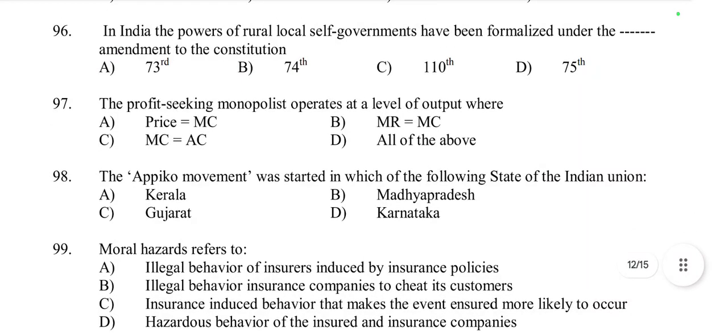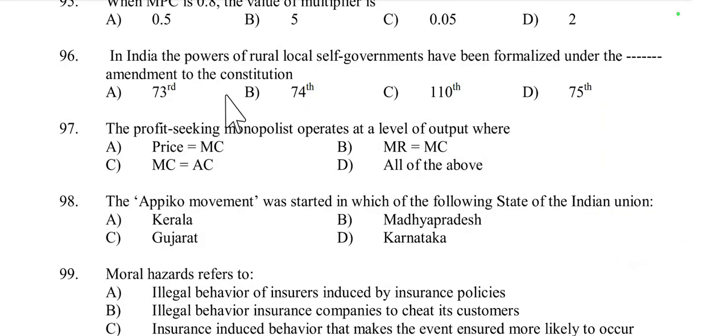The powers of rural local self-government in India were formalized under the 73rd amendment of the constitution, which was enacted in 1992. This amendment provided constitutional status to the Panchayati Raj institutions, empowering local self-government in rural areas. So option A is right here.